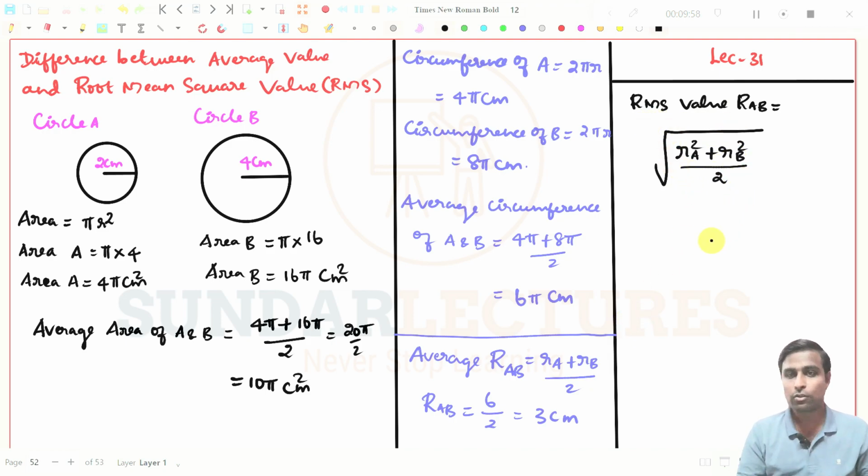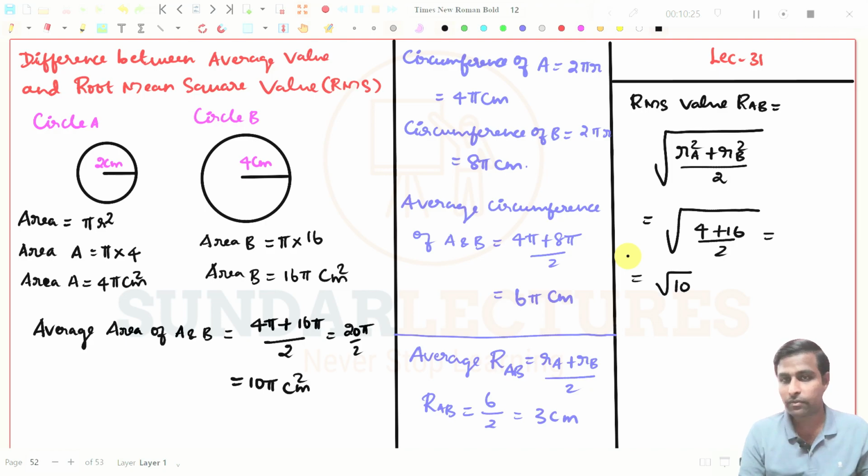If you substitute in this formula, you get 2 square, that is 4, then 4 square, that is 16, so 20 divided by 2 will be 10, so square root of 10.